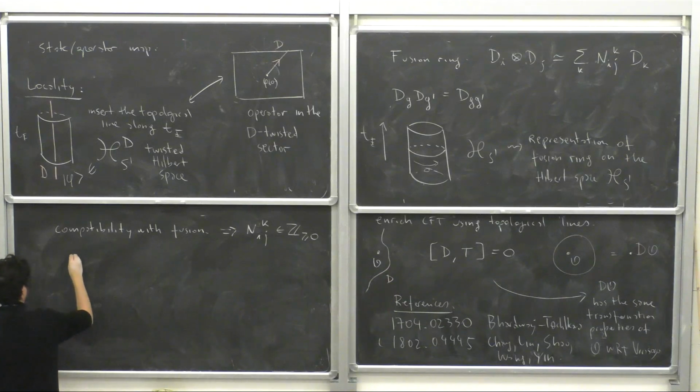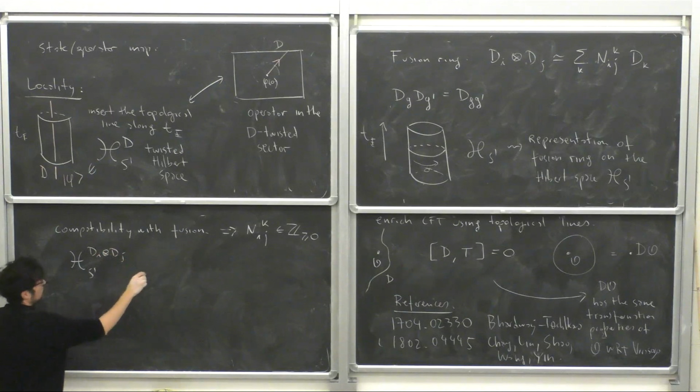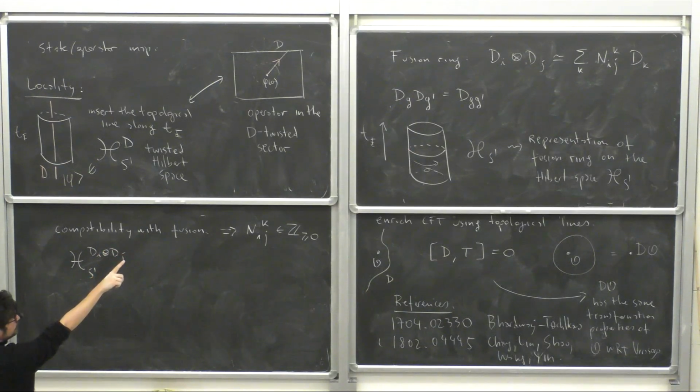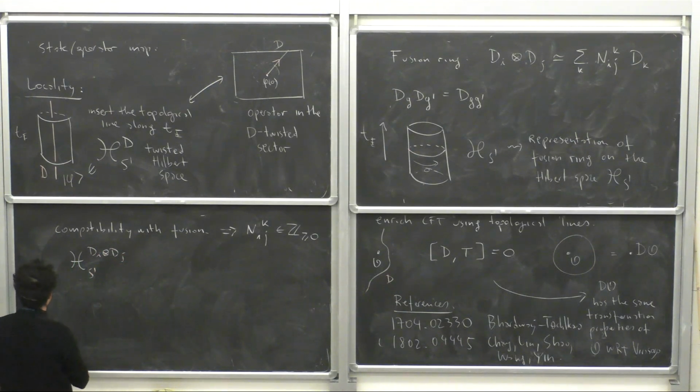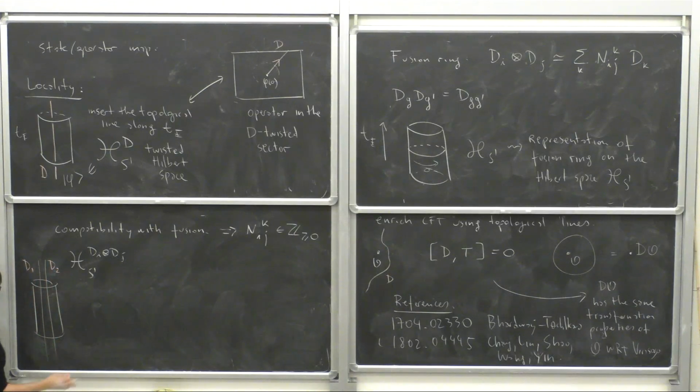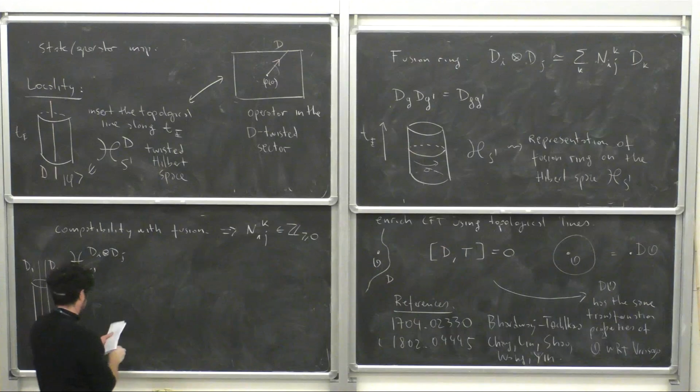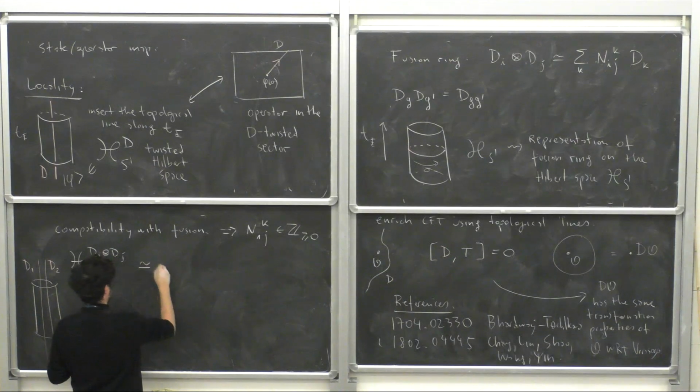How do we see that? Well, consider just the twisted sector Hilbert space with the insertion of D_i tensor D_j. You just bring two of them together, make them coincide. And then you must have an isomorphism. But now it's an isomorphism of Hilbert spaces.